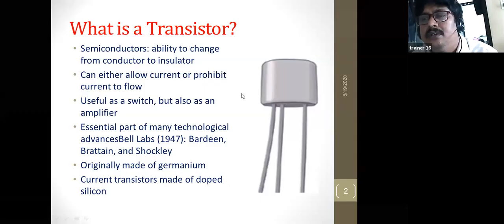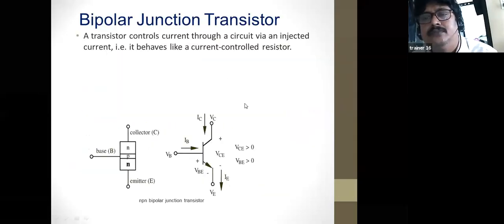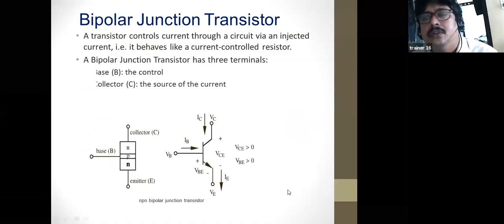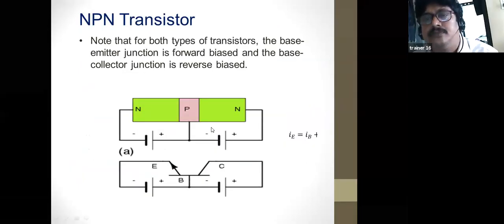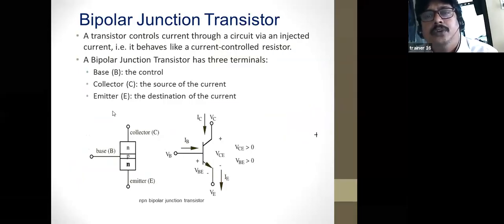Bipolar junction transistor, right? One minute. So here, the bipolar junction transistor. The transistor here controls the circuit via injected current.